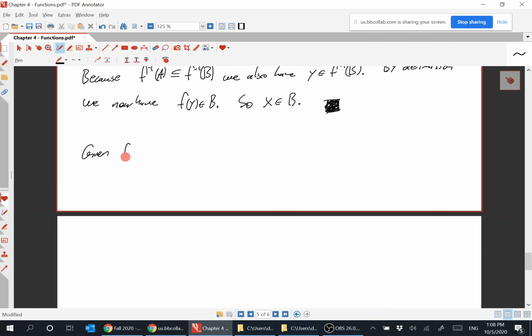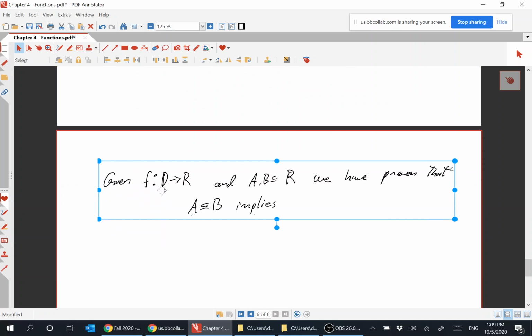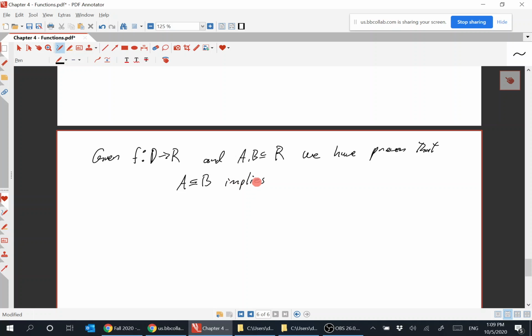Given f from domain to range, and A and B subsets of the range, we have proven that A contained in B implies the preimage of A is contained in the preimage of B, and the preimage of A contained in the preimage of B implies that A is a subset of B. So this implication and its converse are both true.